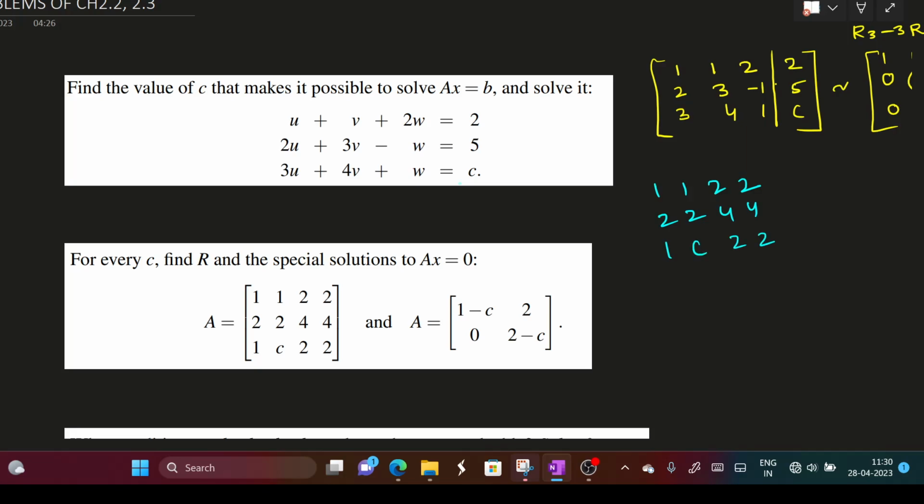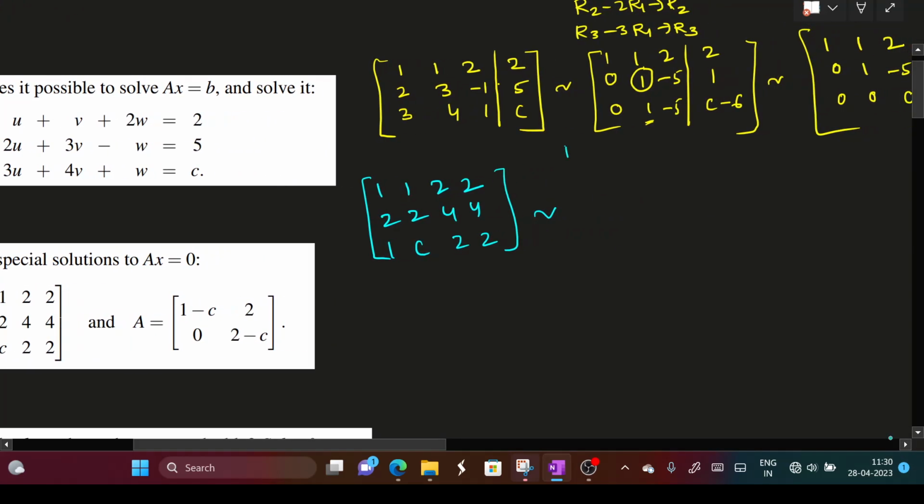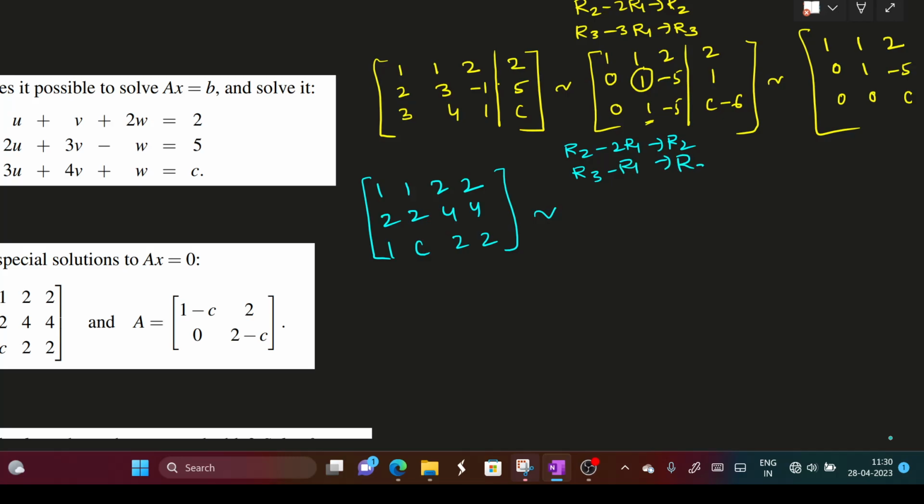For every c, we have to find the solution. Now let us convert it into its echelon form. What operation will I do? R2 minus 2R1 stored in R2, R3 minus R1 stored in R3.